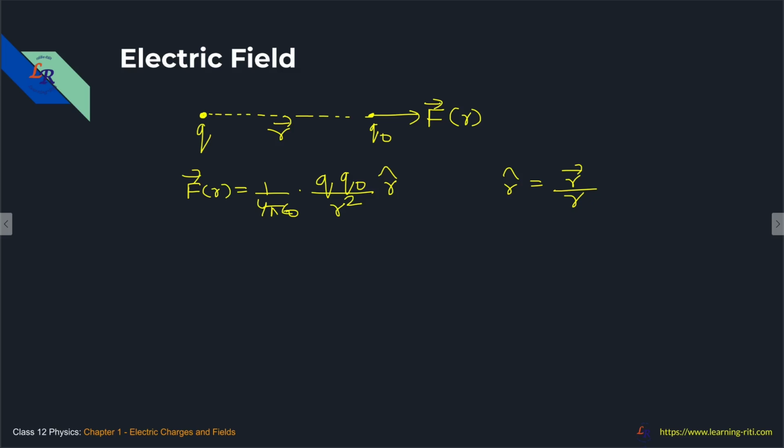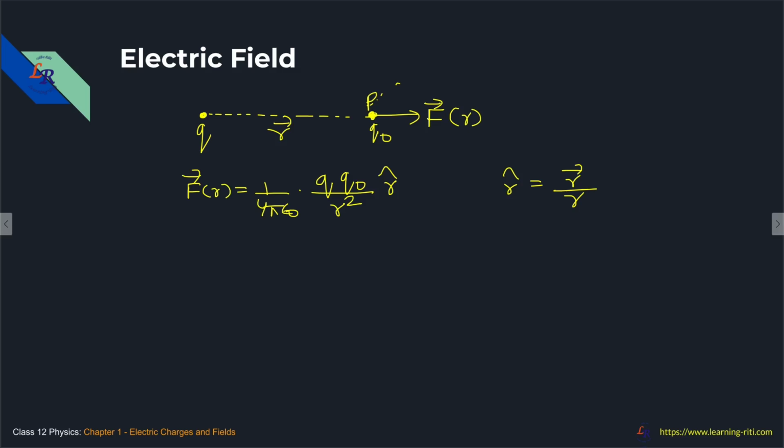Now just imagine that this charge q0 was not there. Was there still some influence of the charge around? If a charge comes to a particular distance from a given charge, only then do these forces act, or is there something around that causes the instantaneous force on it? So there comes the concept of electric fields. For example, let's say this is your point P, and the vector is r.